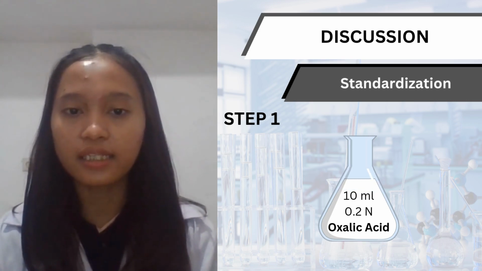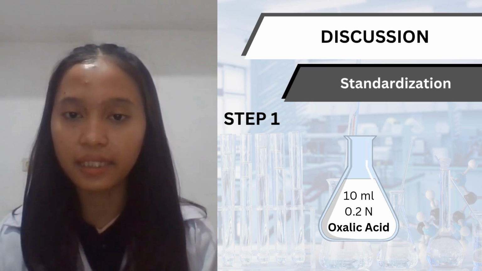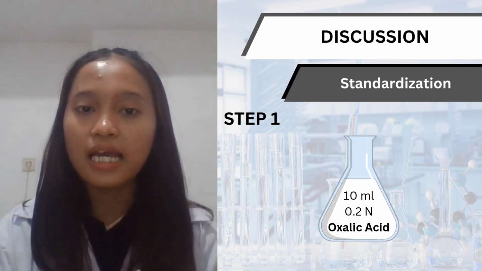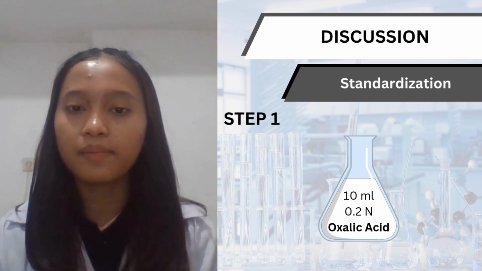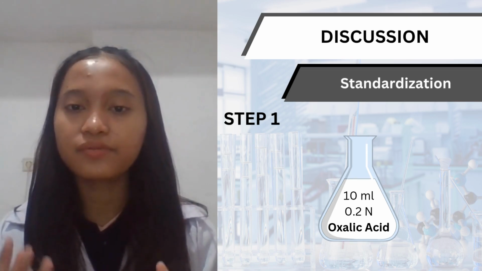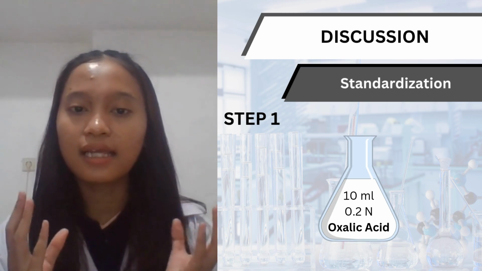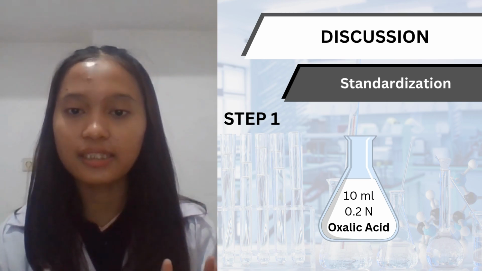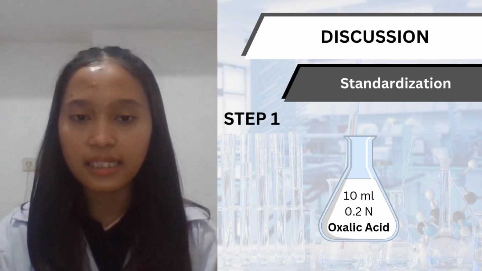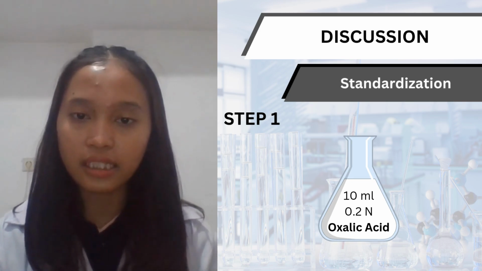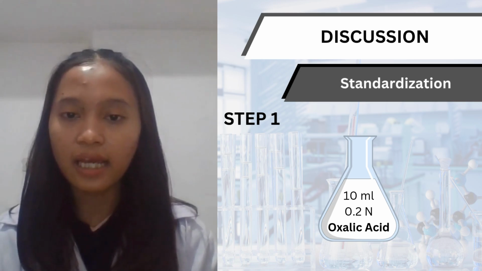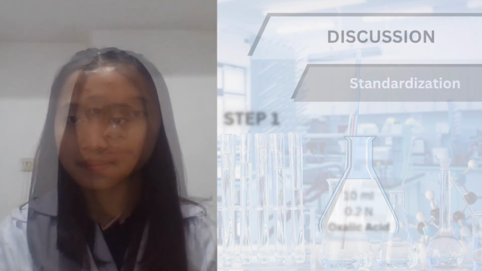Oxalic acid is used as a primary standard because its concentration is accurately known. By transferring a precise volume, 10 ml, of the solution into an Erlenmeyer flask, we ensure that the amount of oxalic acid available for titration is consistent and reproducible.